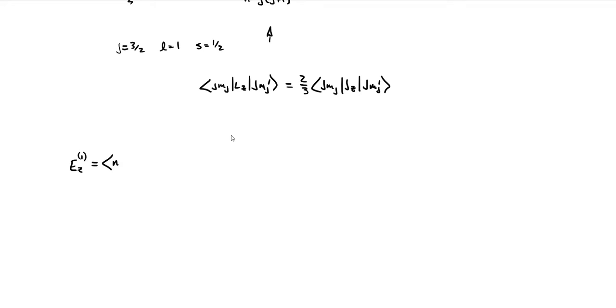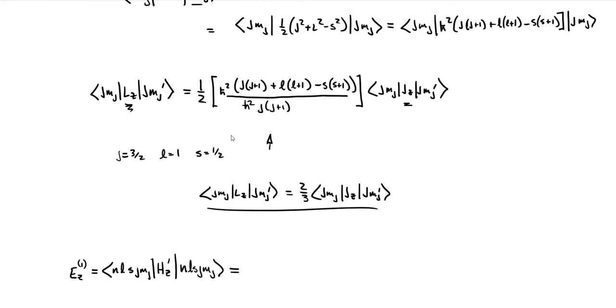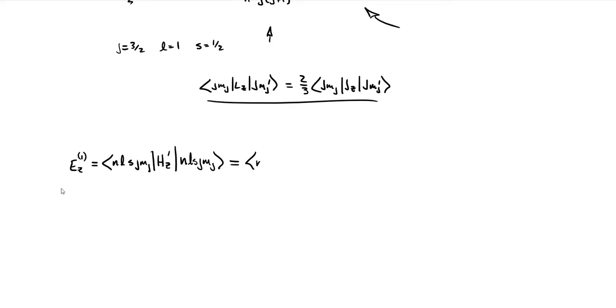Those energy shifts come from diagonalizing the perturbation in the degenerate subspace, so those matrix elements for n l s j m_j are going to be, using the generalized results we got, the matrix elements of the Zeeman Hamiltonian, μ_B B over ħ times (g_L L_z plus g_S S_z), in the |n l s j m_j⟩ states.